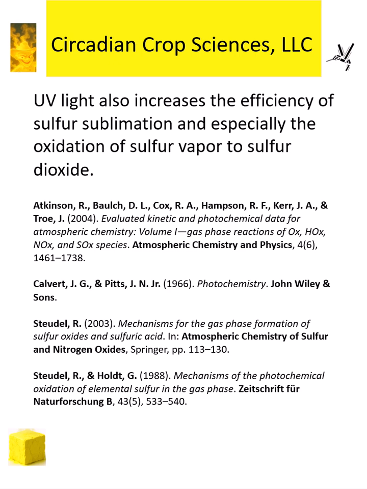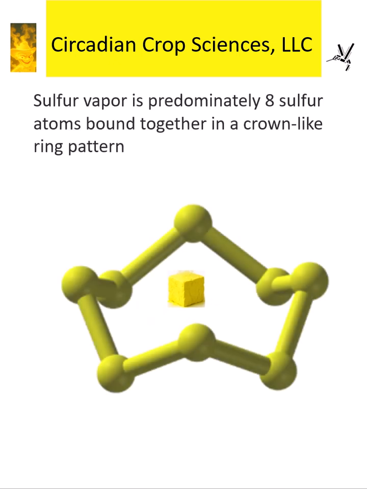And this is verified in a number of published studies. Sulfur vapor is predominantly 8 sulfur atoms bound together in a crown-like ring pattern. This is a gas.